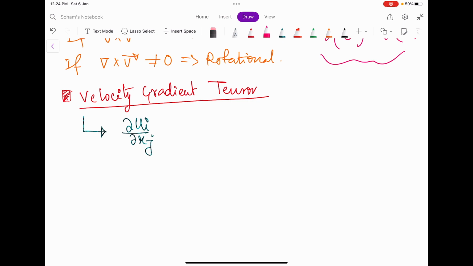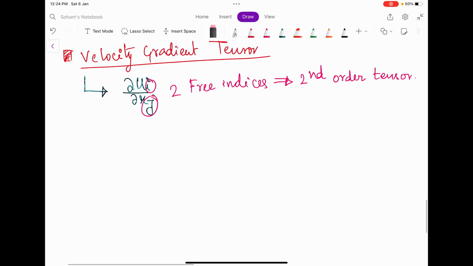How many free indices does it have? 2. That directly means it is a second order tensor. For i there are 3, and for every i it will have j equal to 3 as well. So that means 9 components, and it will be a 3 by 3 matrix.